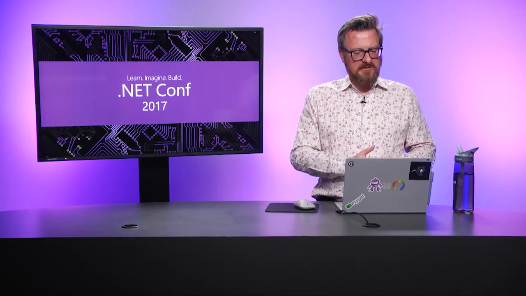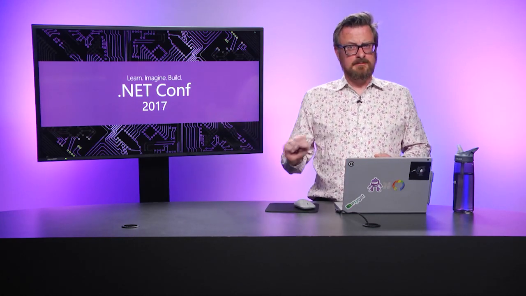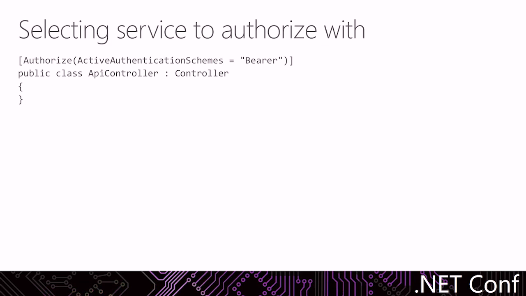You do that by specifying the active authentication schemes. It can be multiple. You could have bearer and cookie if you so desired. And then the identity subsystems will go and ask each of those instances with that scheme name, have you got an identity? If not, kick in and do your auth bits and pieces.